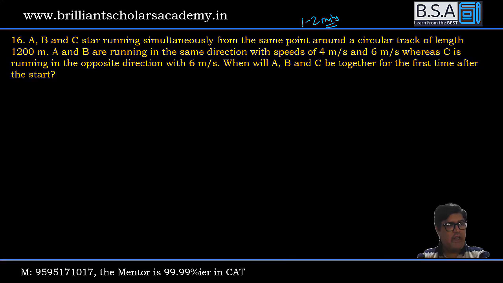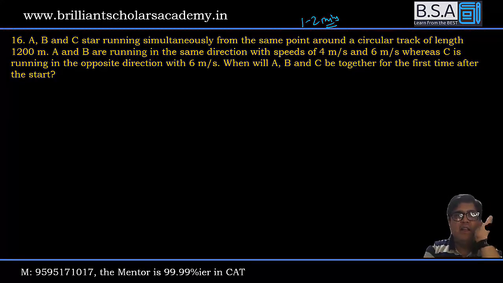When you want three people to be together at a given point, what do we do? Observe. Chalo. So you solve them in pairs again.